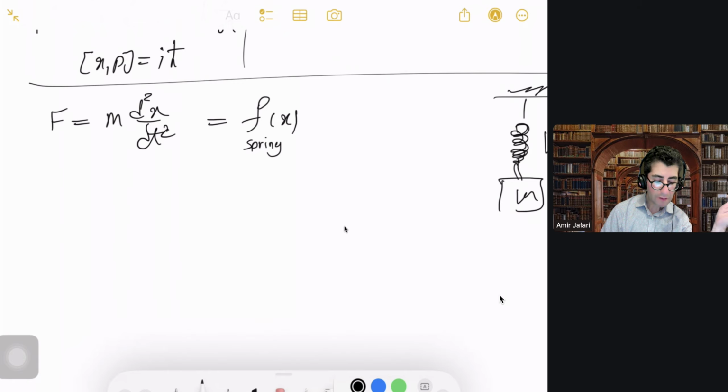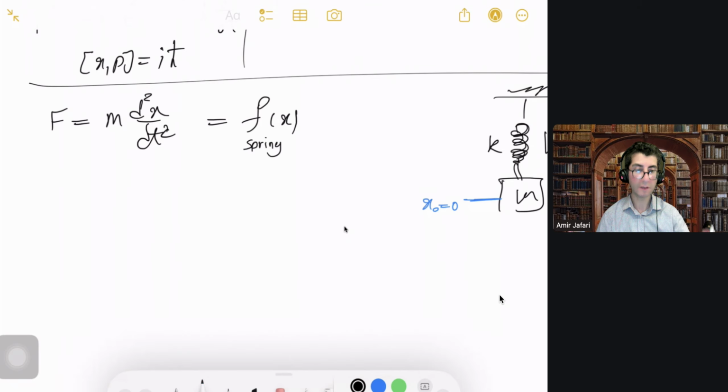Well, you can say that I have some equilibrium point, say here, x0, and I call it the zero of my coordinate system. So when the mass is at that point, the origin, at 0, there is no force, okay? Then, when I displace the mass from that point, I feel some restoring force by this spring.